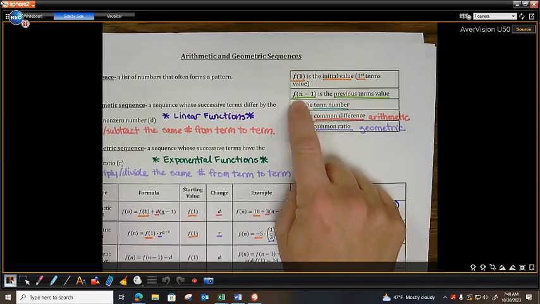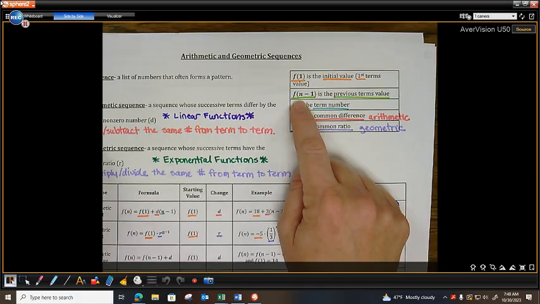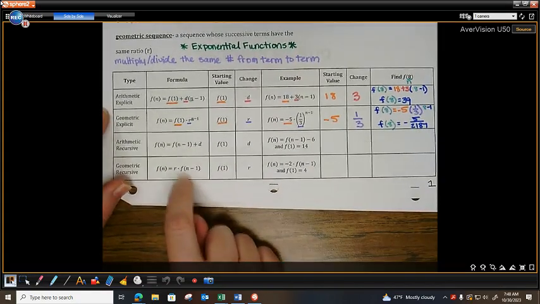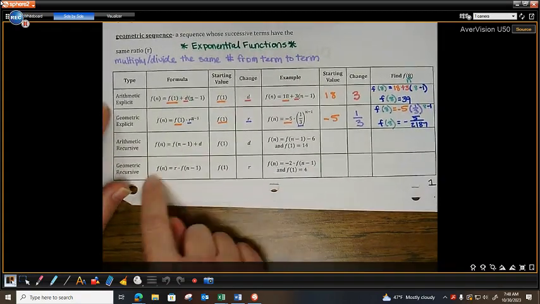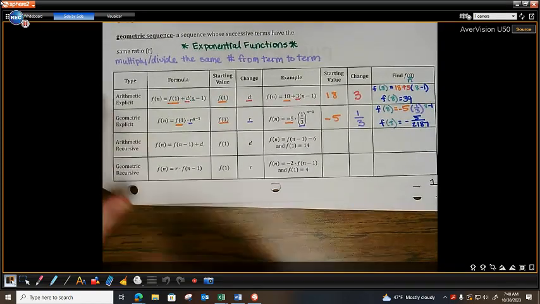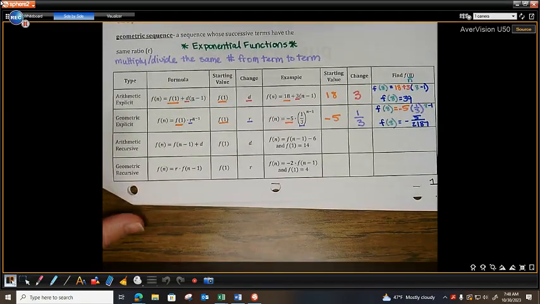See how we underlined that on our table? You cannot do recursive formulas if you don't know the previous term's value. I have to tell you a value for you to calculate or extend the sequence.